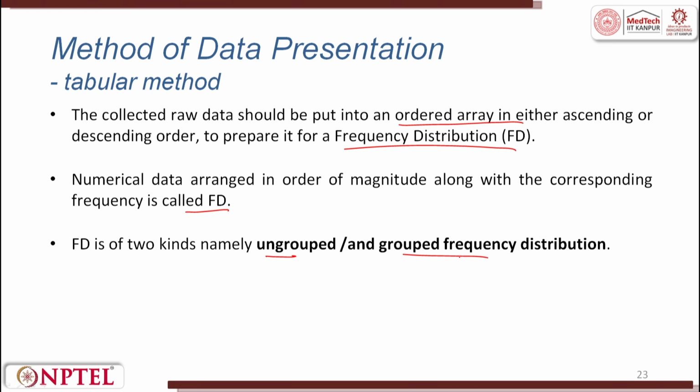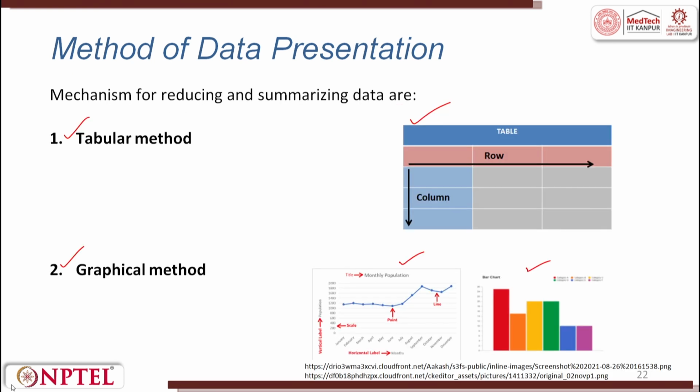If I talk about a table, there are certain parts in a table. There is a table number. Then we have the table title. We could have a caption for a table. We could have the row heading.